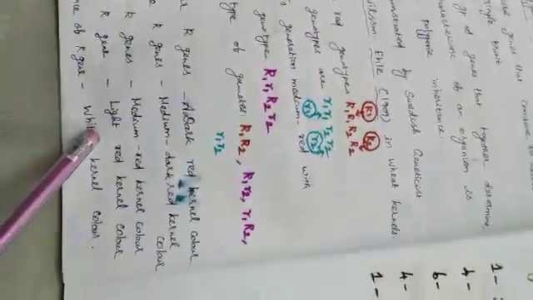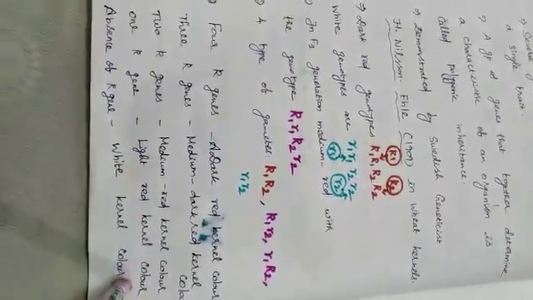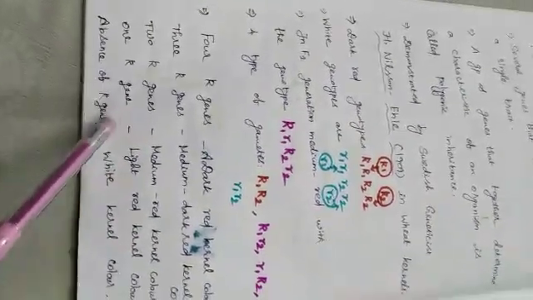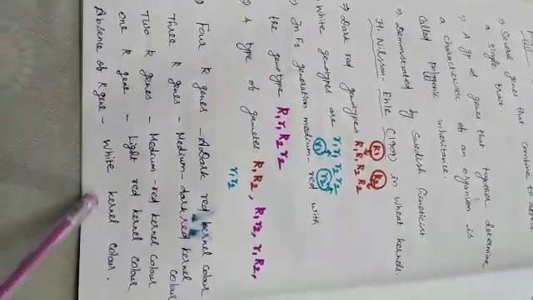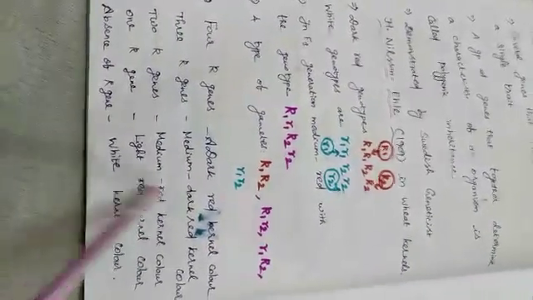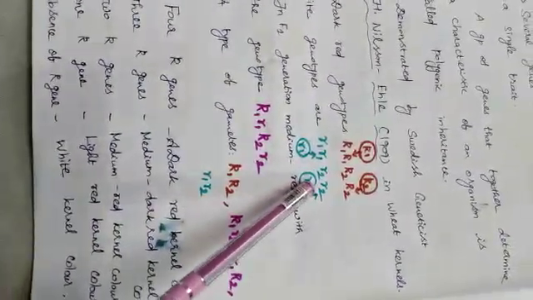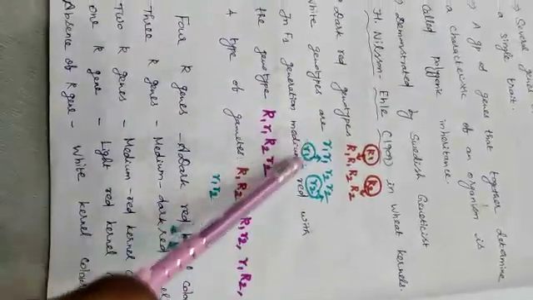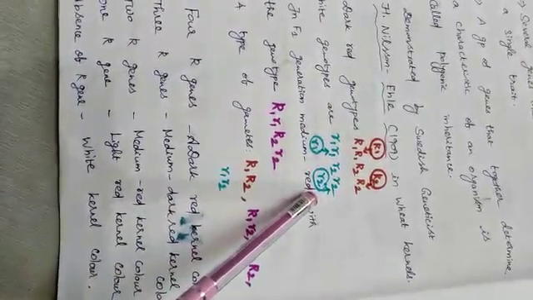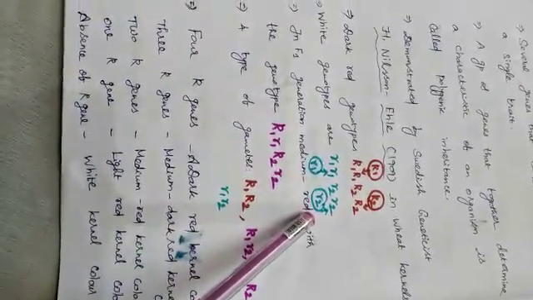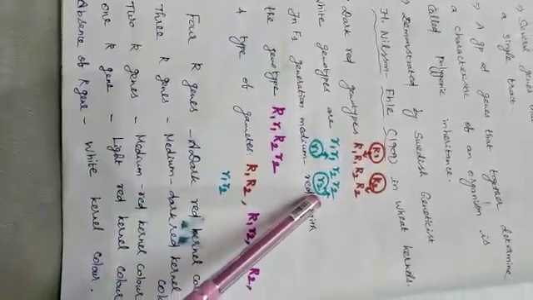One R allele present means a light red kernel color. The absence of R alleles, that is four small recessive alleles, means a white kernel color, like the parent.